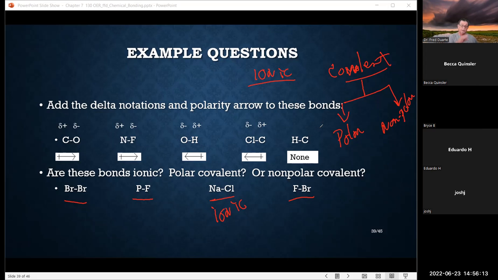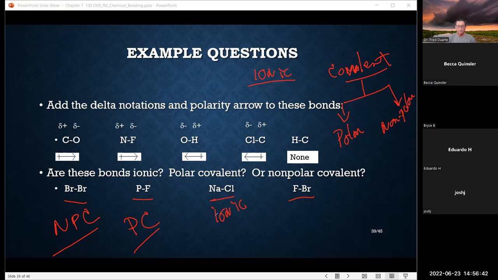All right, so everything else is covalent, and now we go back and determine that bromine and bromine, the same as diatomic, give us a non-polar covalent bond here, NPC. The phosphorus and the fluoride is definitely a polar covalent, because they are two dissimilar atoms, okay?